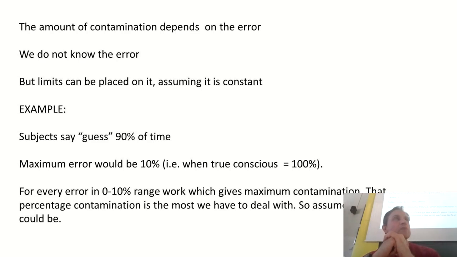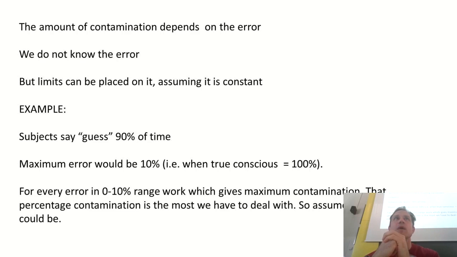Now, you might think you get maximum contamination when the error is as big as possible, but that's not so. That should be when true unconscious is 100%. Because we assume the maximum error when 100% of the trials are unconscious.